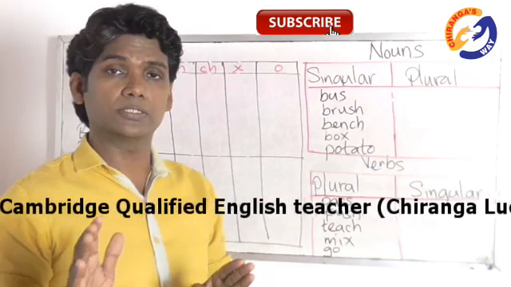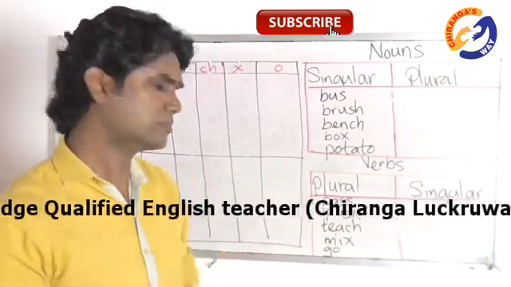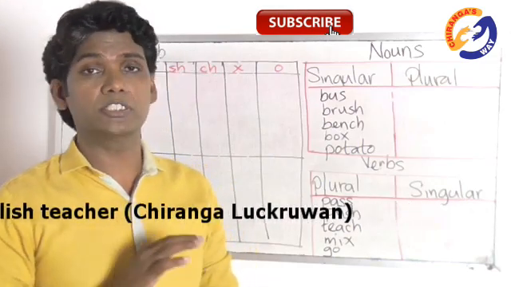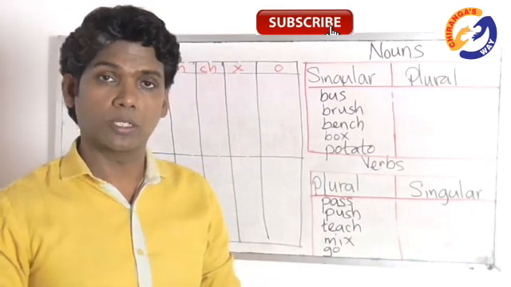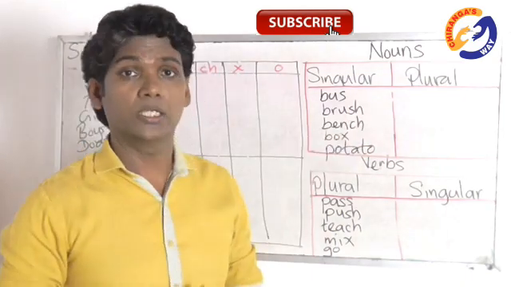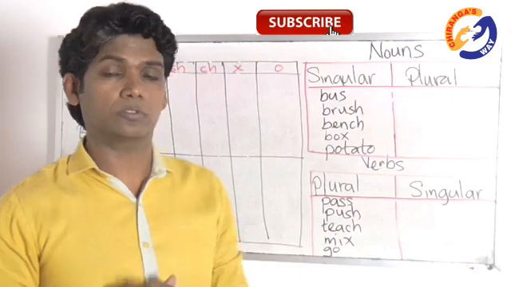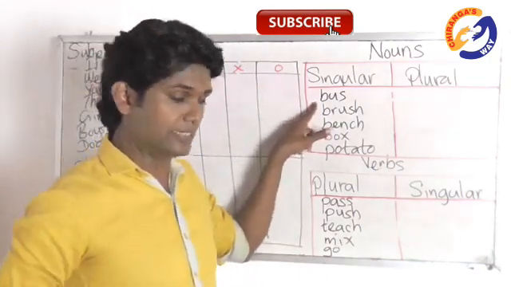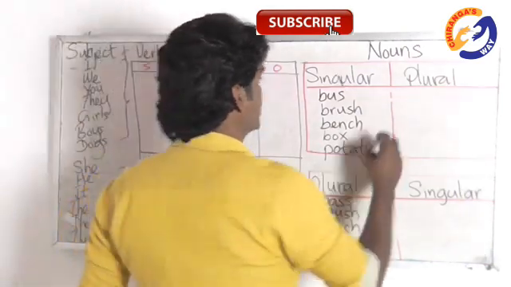Girl becomes girls. Pen becomes pens. But here, even though you have added another s, there is no change in the sound. Therefore, we are supposed to add es over here to make it different in sound, to show that this is plural. When you add es, bus becomes buses.